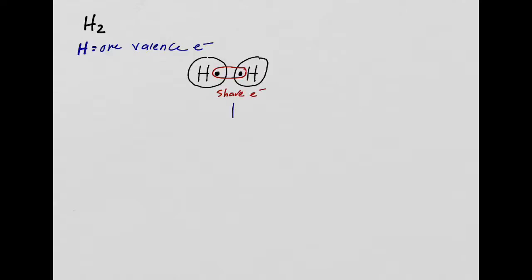And if they share these valence electrons, I'm going to redraw this. So then here are the 2 hydrogens sharing the valence electrons. These are the electrons that are being shared. Now, if I would draw this out, it would be H bonded to H. So this one over here, it has 2 electrons that are being shared.